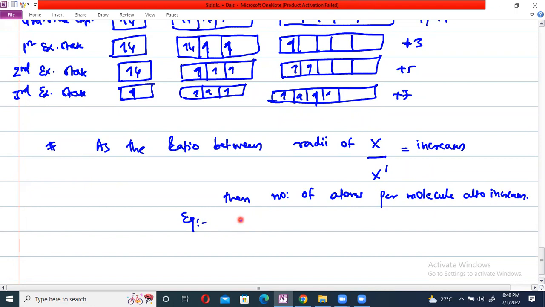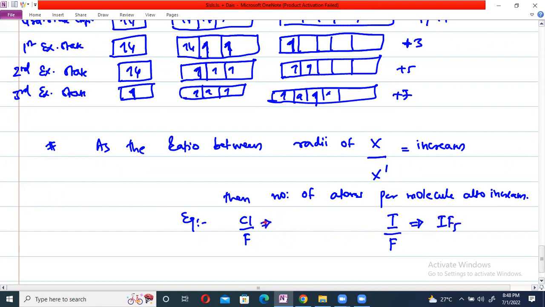I'll give you an example, beta. Suppose I talk about the larger size chlorine and smaller size fluorine. I'll talk about the larger size iodine and smaller size fluorine. Obviously, beta, iodine and fluorine will have a greater ratio of radii than chlorine to fluorine. Hence, the compound formed by iodine and fluorine is IF7.